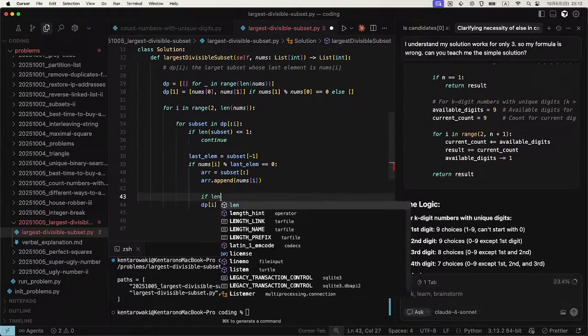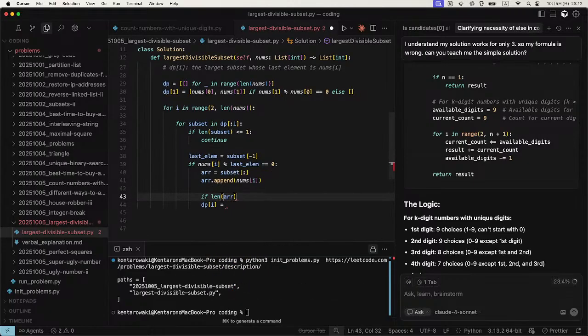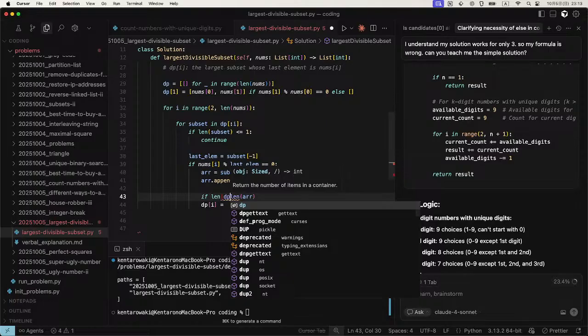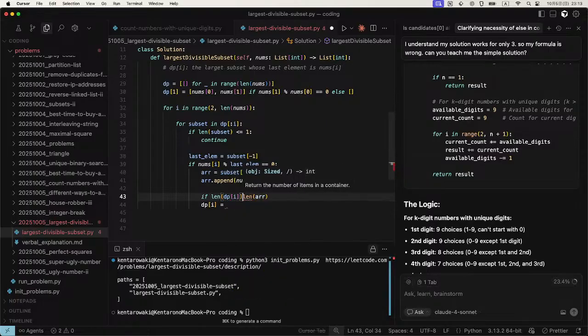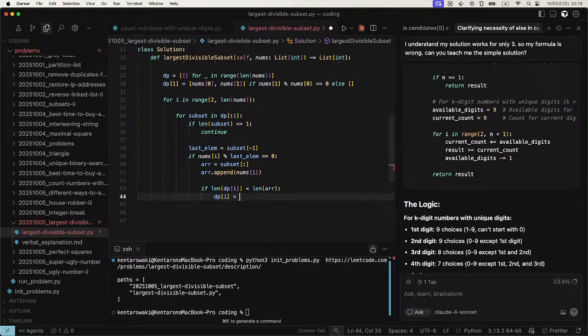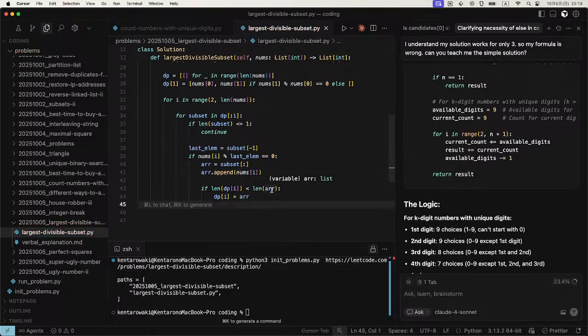If the length of DPI is less than the new array, we can update it.